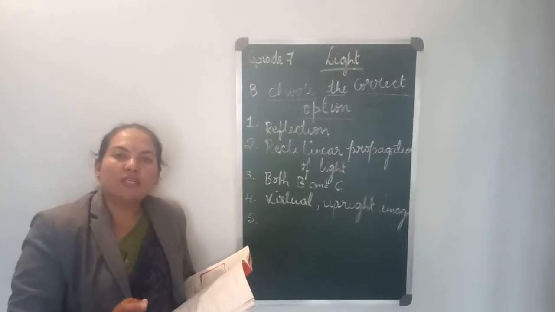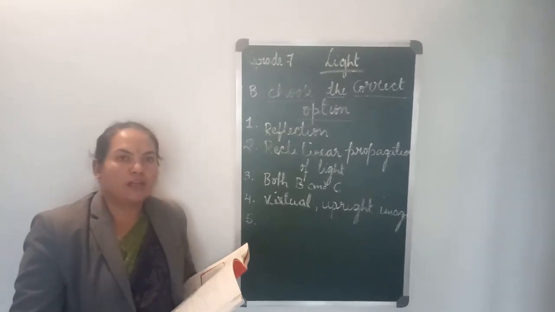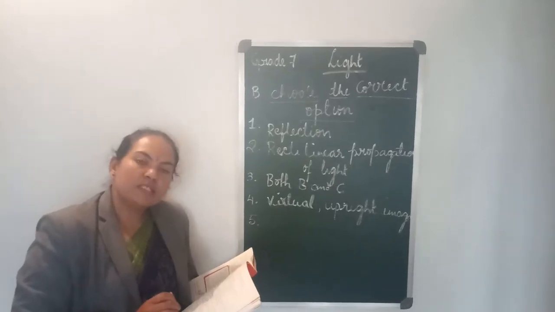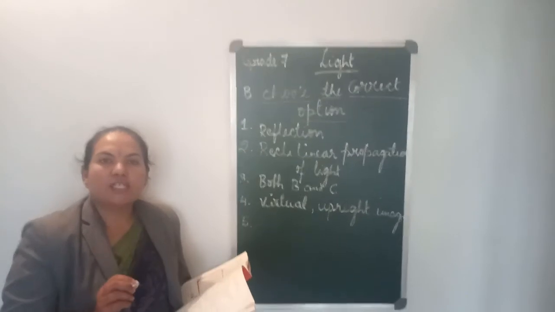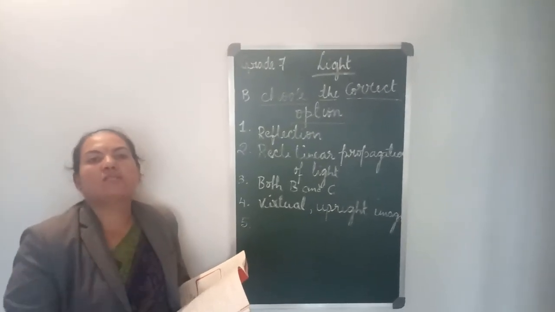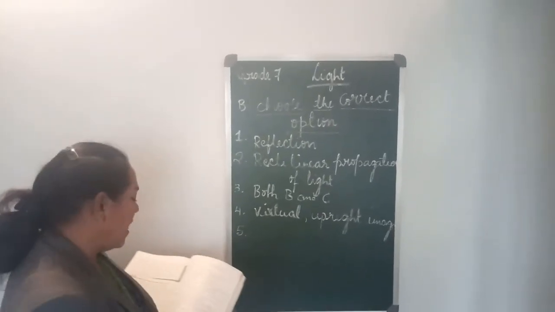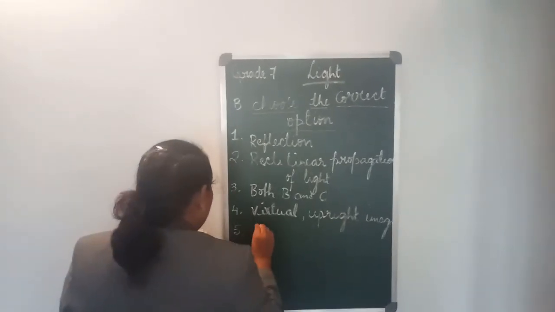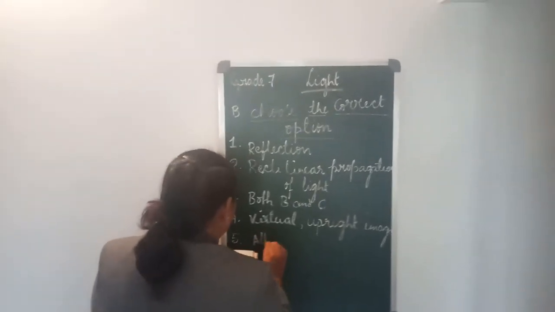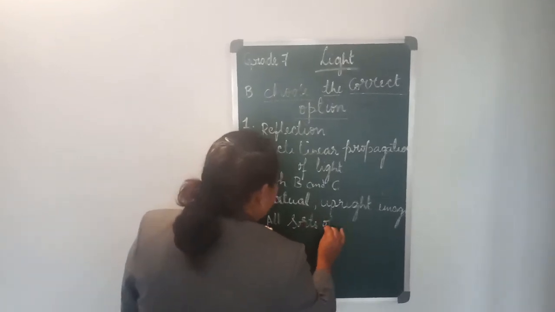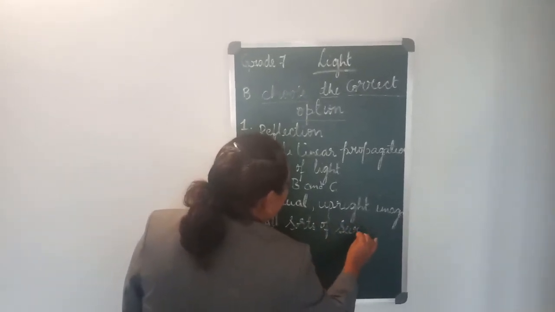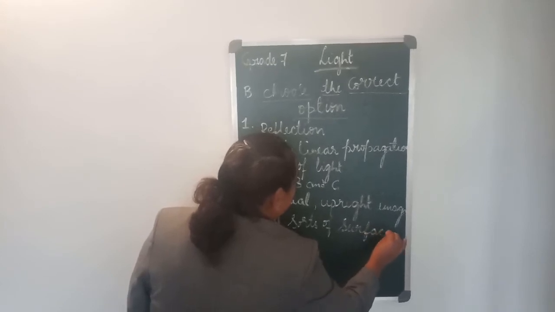If it is smooth, the reflection will be regular. If it is a rough surface, the reflection will be irregular. That's it. But the reflection will take place on all sorts of surfaces. Answer is C, that is all sorts of surfaces.